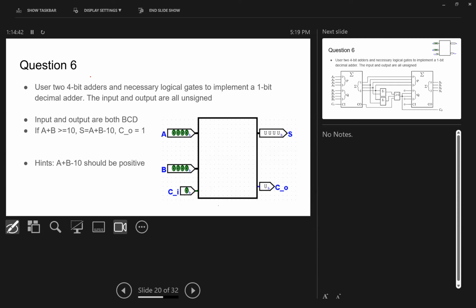But for the gray code, what we get is this, right? Because after passing these 3-bit decoders, that's the one-hot vector we get.